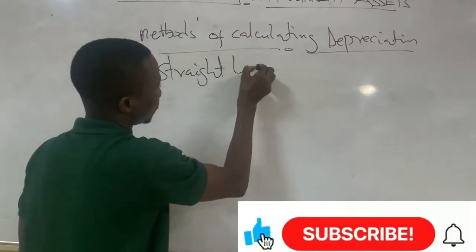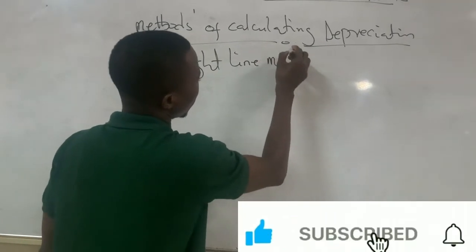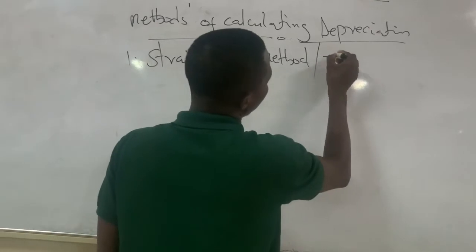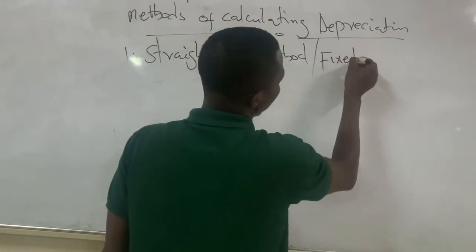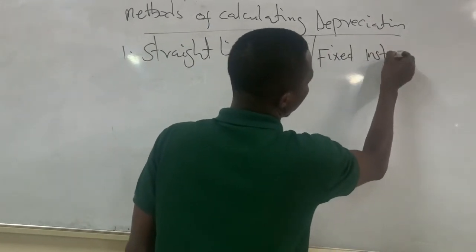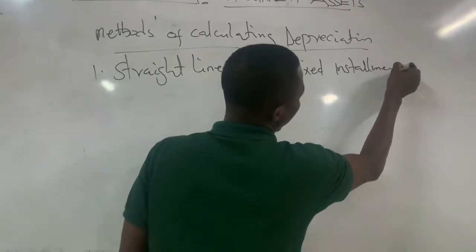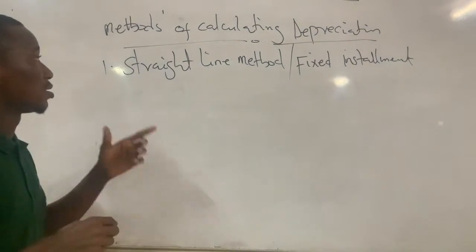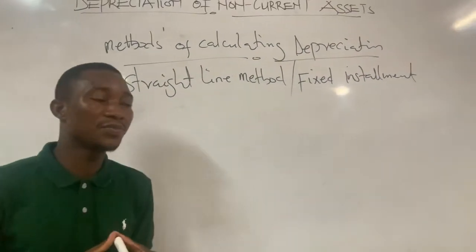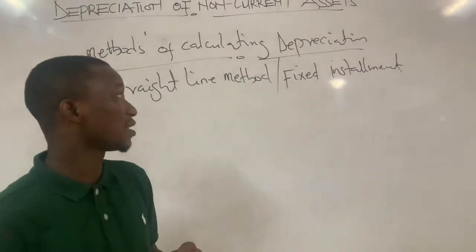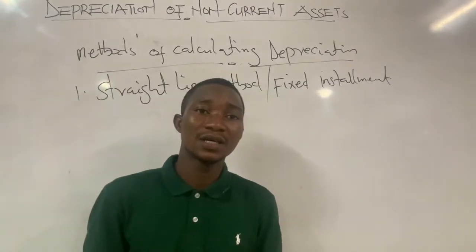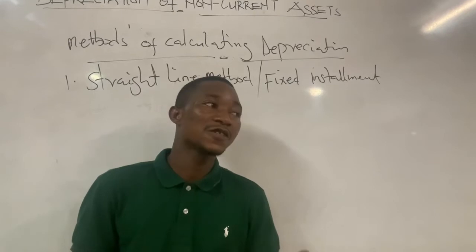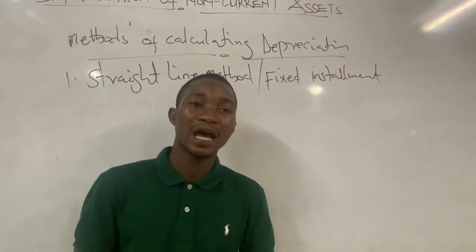The straight line method, or fixed installment method. All right. This is one of the methods of calculating depreciation, and under this method, the depreciation is calculated on the cost of the asset, and the depreciation is fixed throughout the useful life of the asset.